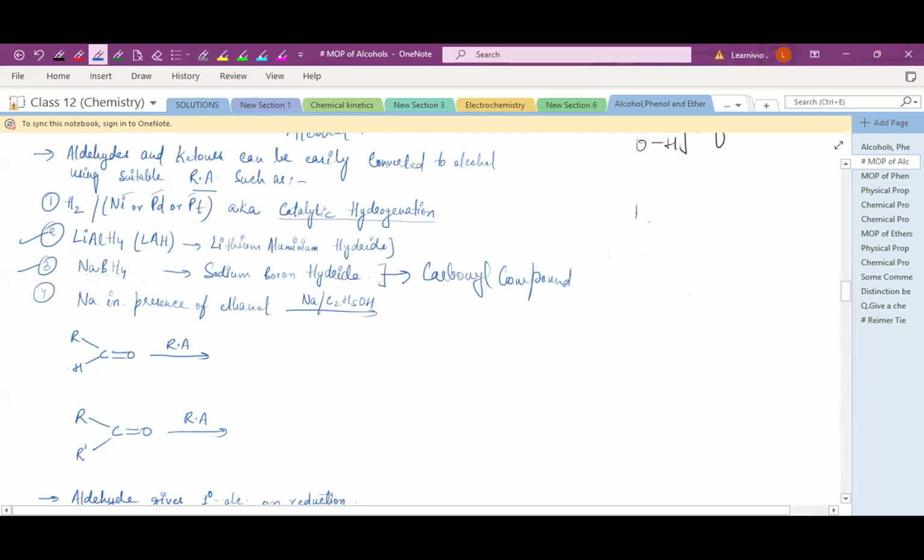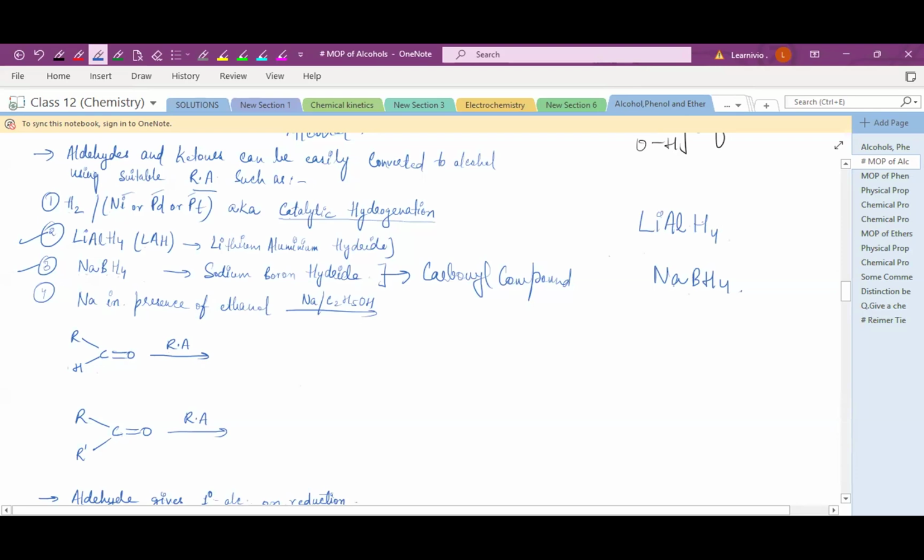Why is lithium aluminium hydride stronger compared to sodium borohydride?